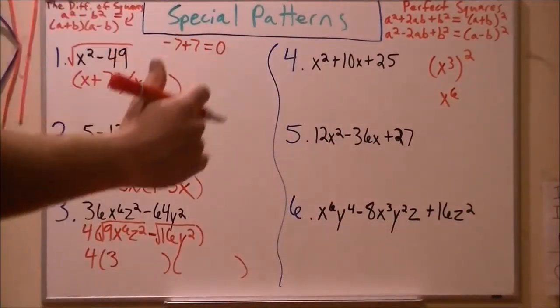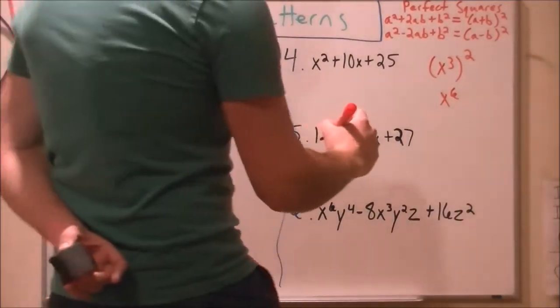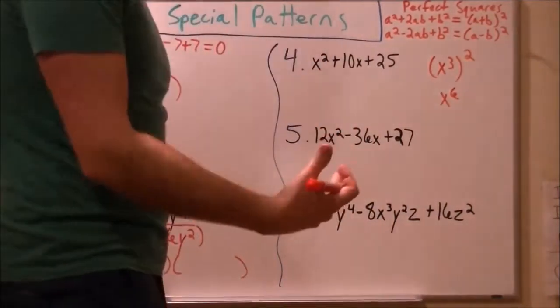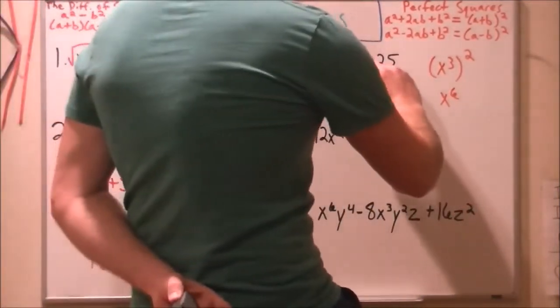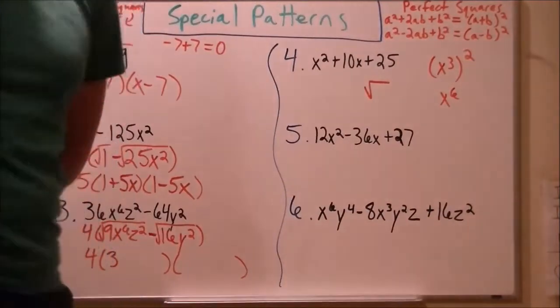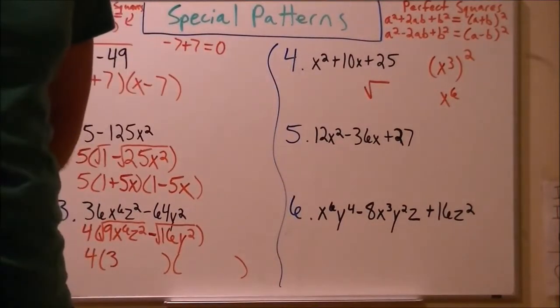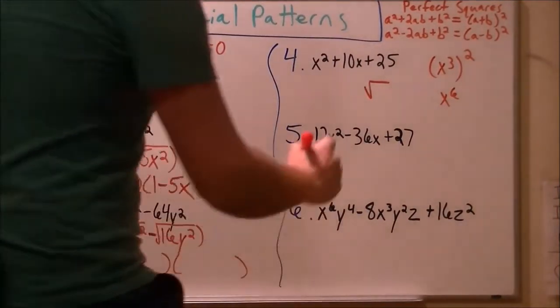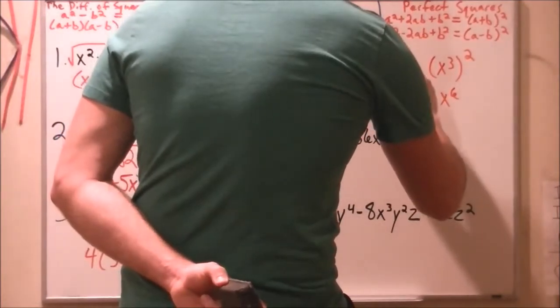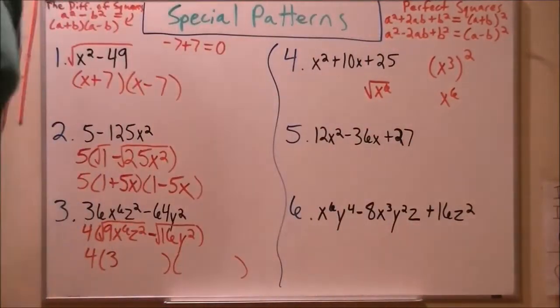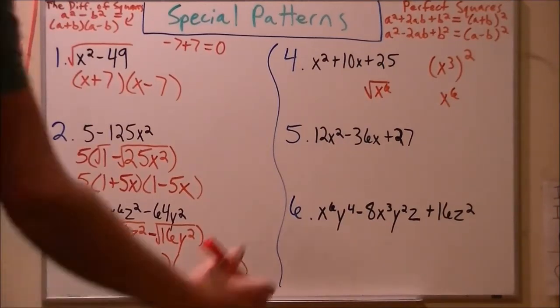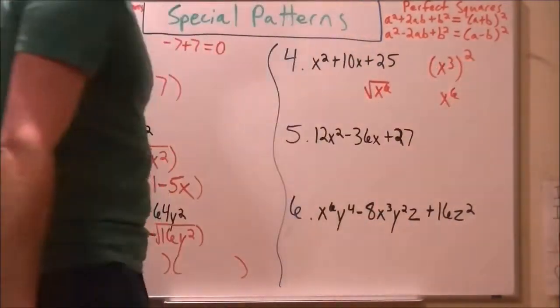Now let me show you something. The inverse, or the opposite operation of squaring something, is square rooting it. And so if I have x to the 6th power, what am I doing when I place it under a square root? Up here, I multiplied by 2.